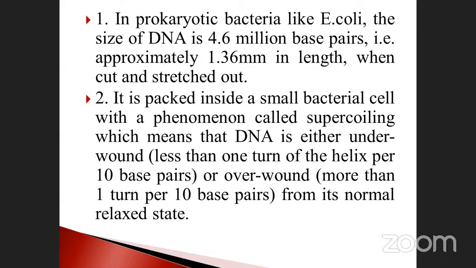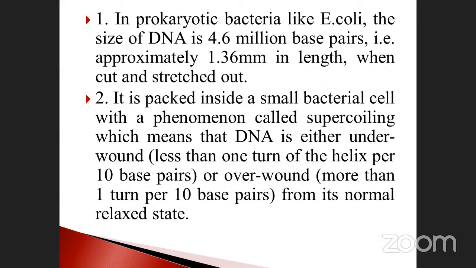That is approximately 1.36 millimeter in length. When the DNA molecule is cut and stretched out, the total length will be 1.36 millimeter only, in E. coli. It's a very small number, isn't it?